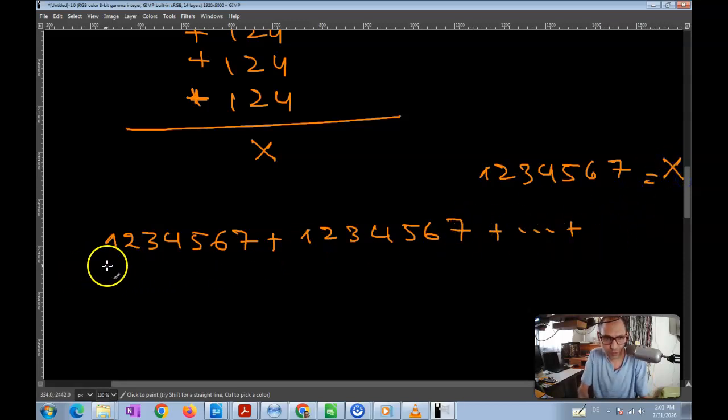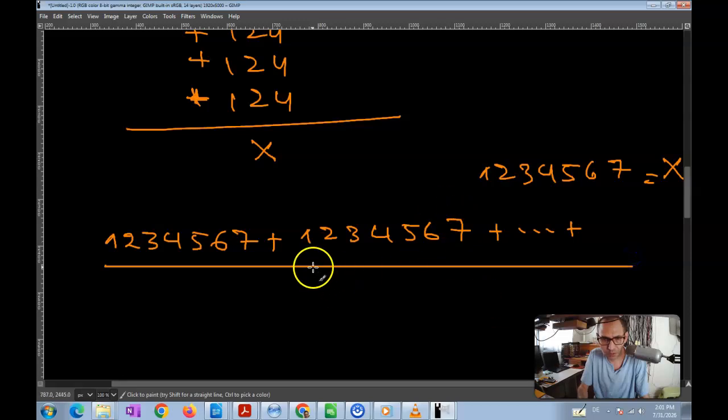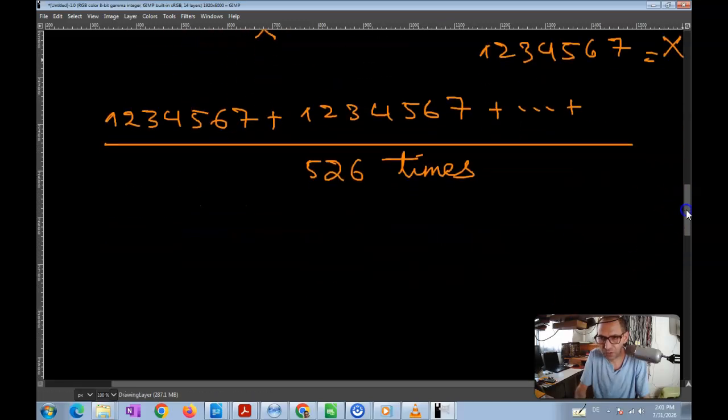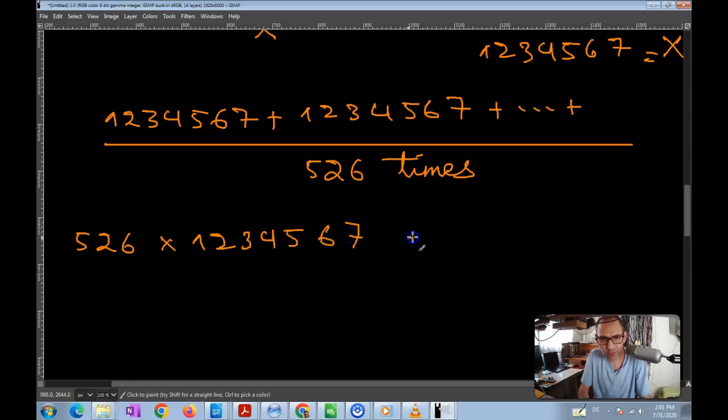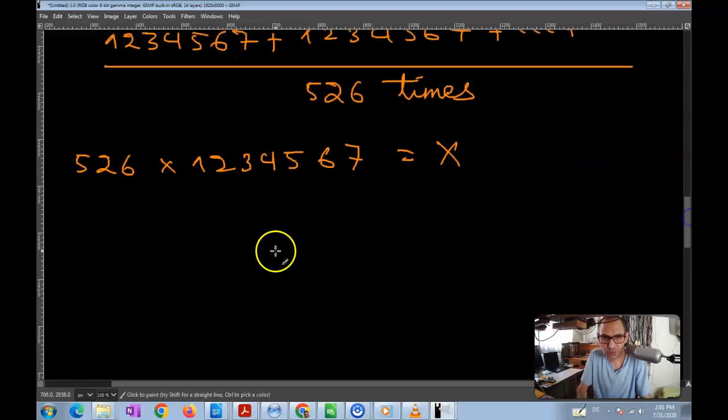And then we could do this, I don't know, 526 times, right? And then this calculation would be 526 times 1 2 3 4 5 6 7, and that's the same number x.